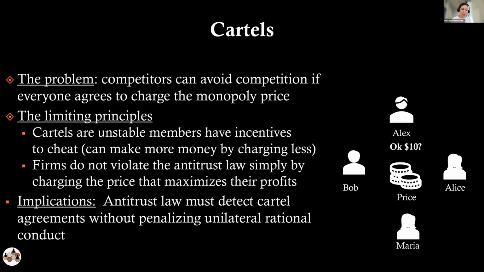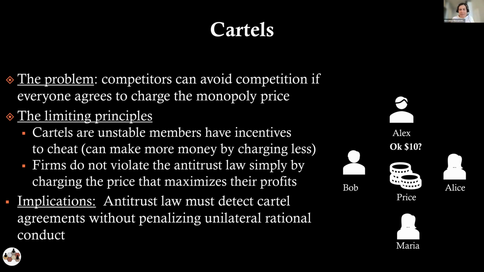This is called tacit collusion. And tacit collusion is missing the coordination, the conspiracy among cartel members. You don't have cartel members because there is not the agreement. So this is lawful. And it's rational that you look at what your competitor does.